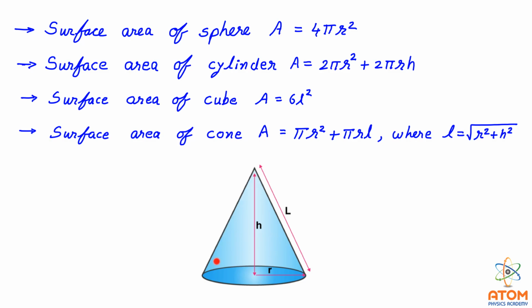And for this curved conical surface, the area will be pi r L, where L is this side, and from this right angle triangle we can say that L will be equal to under root of r square plus h square. Here r is the radius and h is the height. So that way the area becomes A is equal to pi r square plus pi r L.